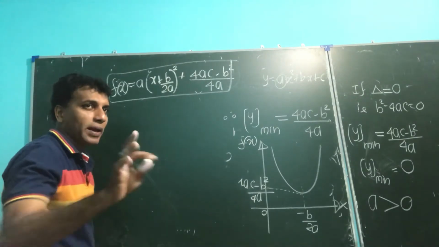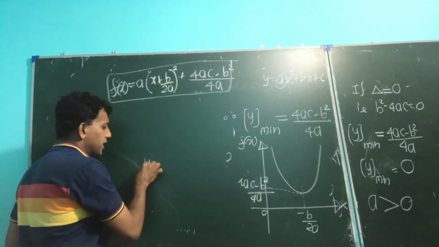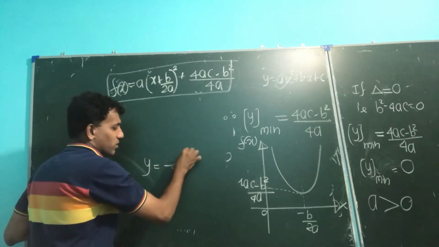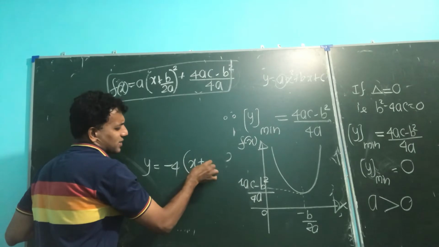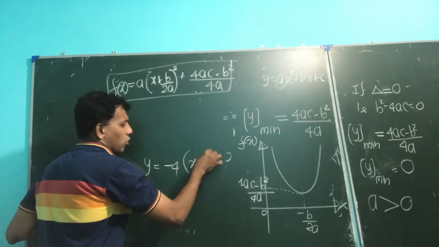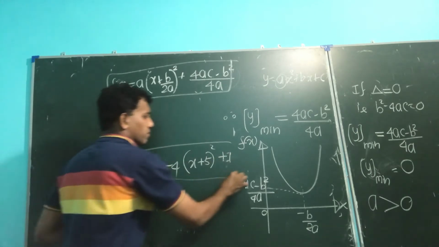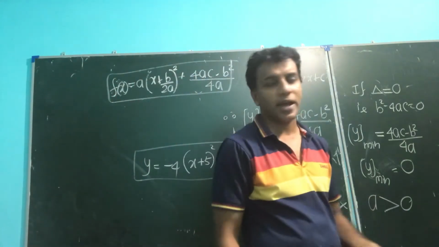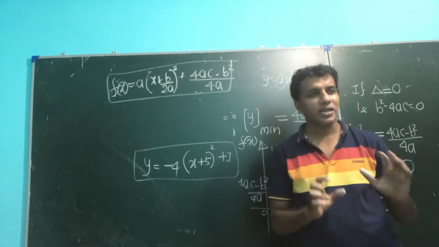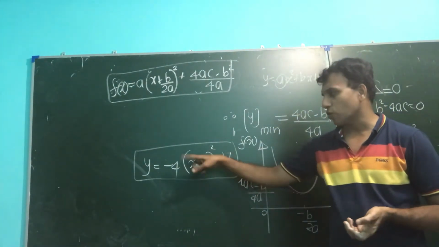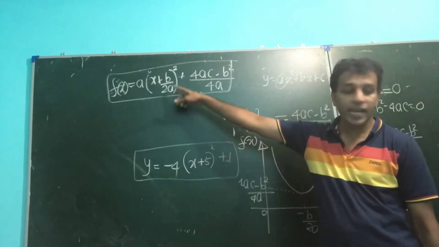See, again I show an example: y equal to minus 4 times (x plus 5) all squared, plus 1. Don't hurry, no hurry. We'll study clearly the idea of quadratic function. What is a in front of x square?